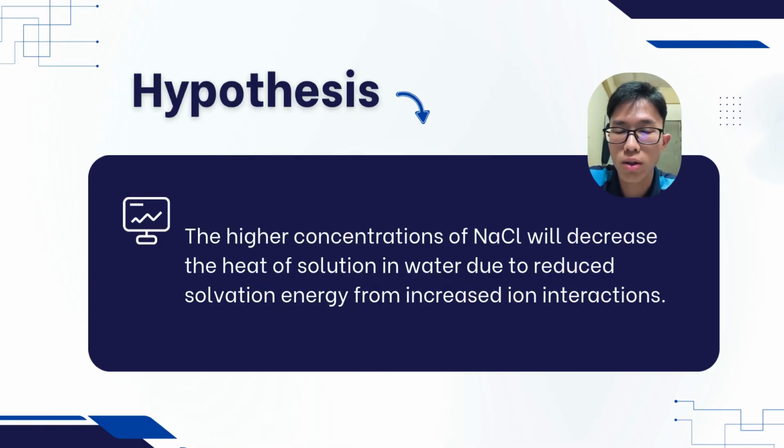And now we are going to the hypothesis of this report. The hypothesis states that a higher concentration of sodium chloride will decrease the heat of solution in water due to the reduced solvation energy from increased ion interactions.